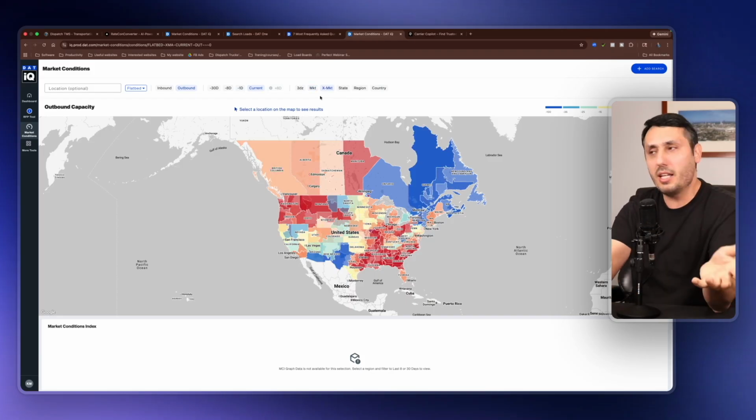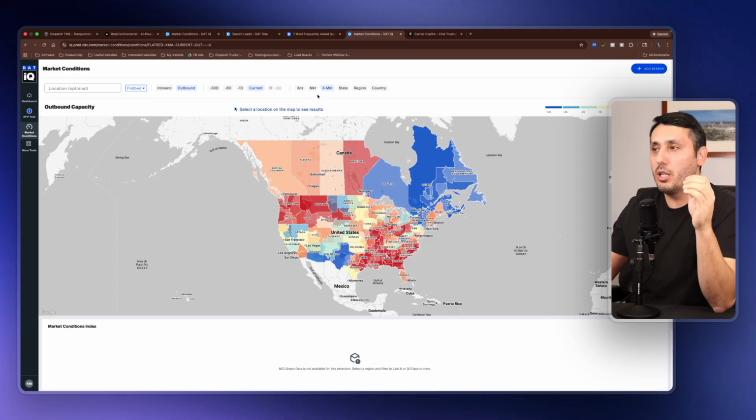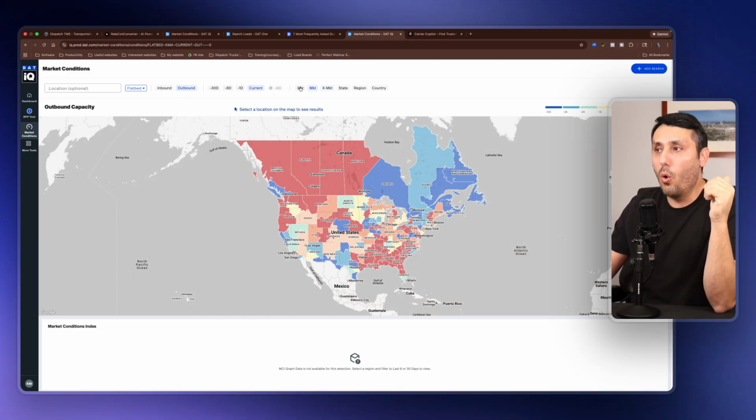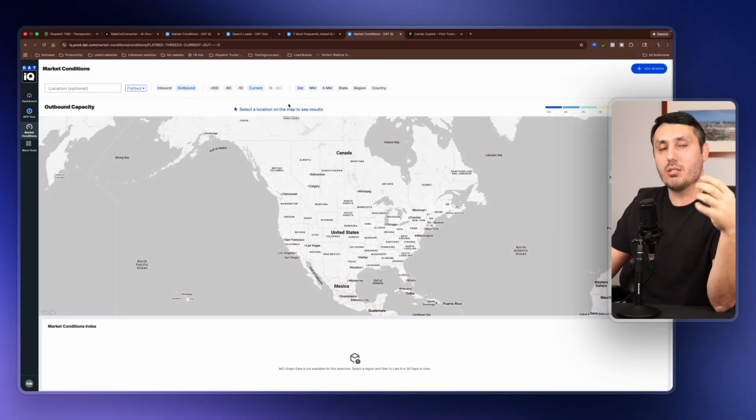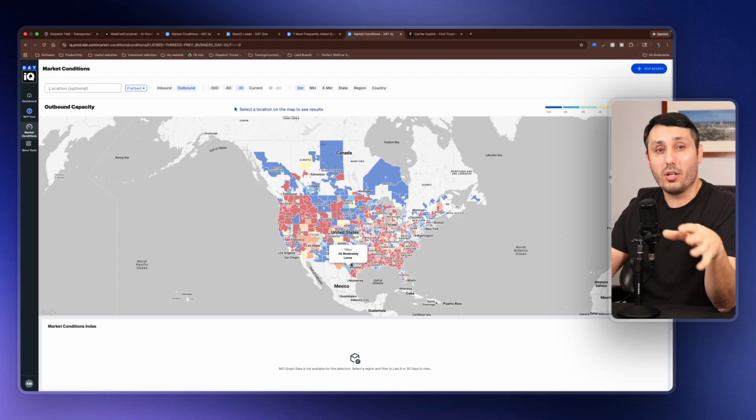And then we have state level, region and country. But as a dispatcher, mostly you will be using either MKT, which is market, or 3DZ, the 3-digit zip code. If you go back one day, you will see this is a very granular level, going into specific locations, and you can search for those specifically.